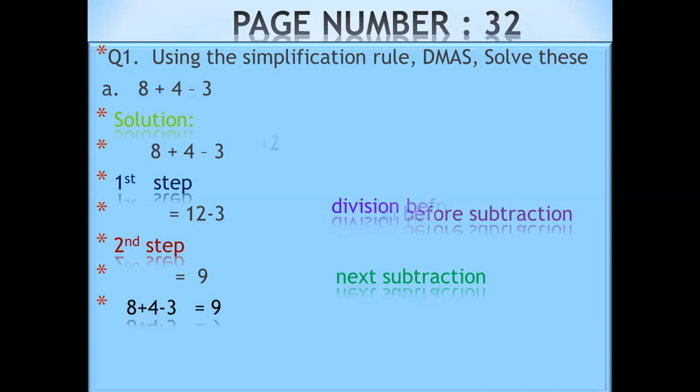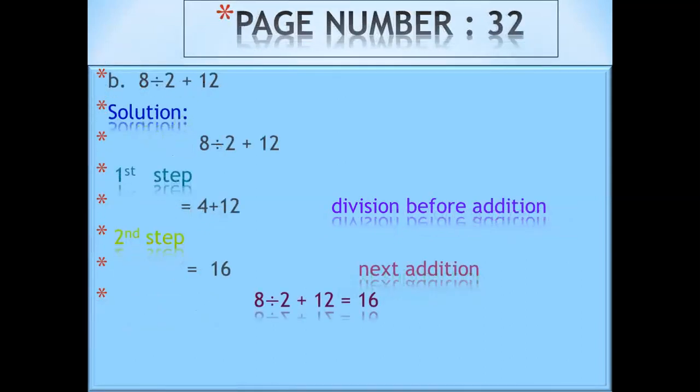Come to the next part. In this part, division and addition are both given in one question. So we recall DMAS rule. According to that, first we will do division and then we add the numbers. 8 divided by 2.